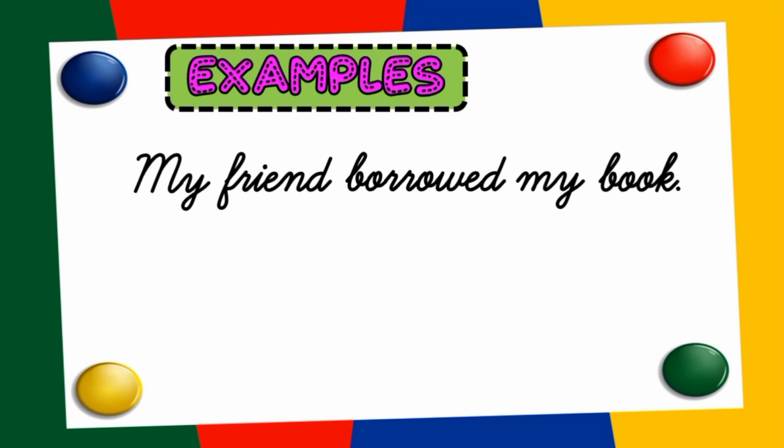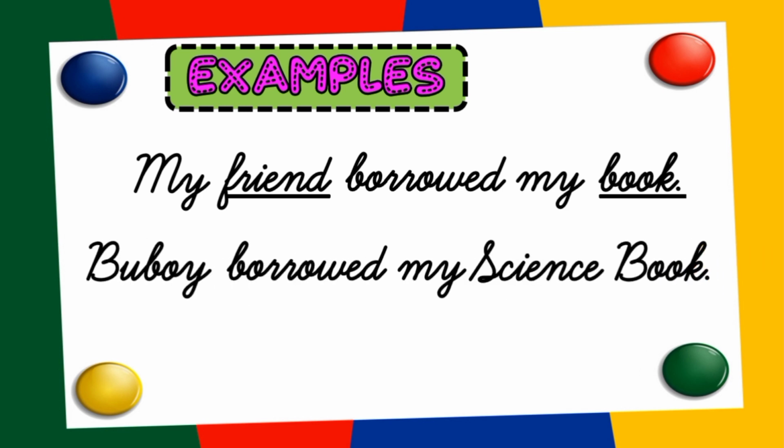Let's have our example earlier. My friend borrowed my book. Our nouns here are friend and book. Now, let's replace these nouns with a proper noun. Buboy borrowed my science book.